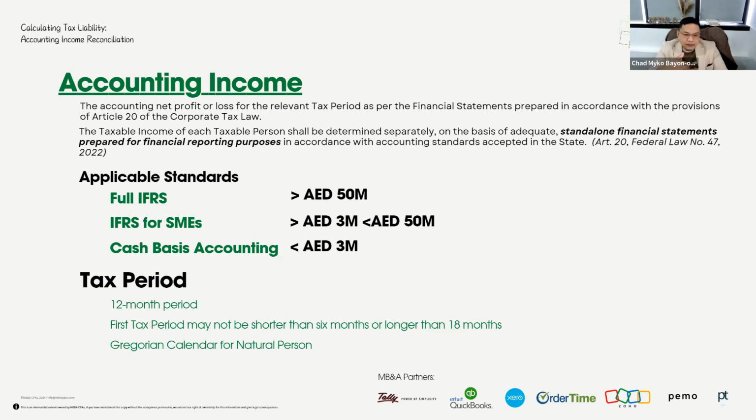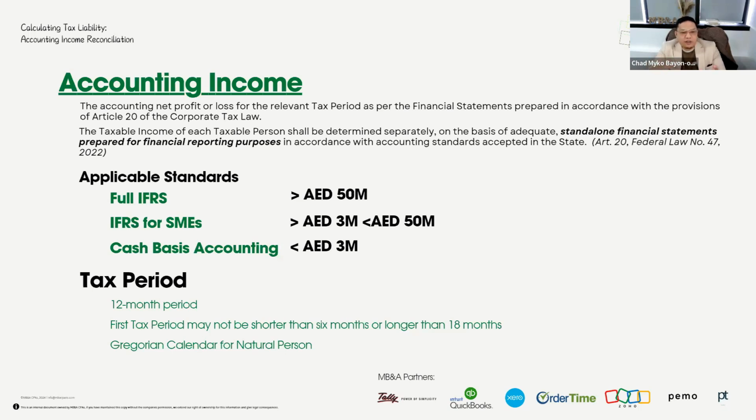Second, if ever you have a revenue of less than 50 million, but has a revenue of more than 3 million, you have an option, not need, an option to follow IFRS for SMEs.